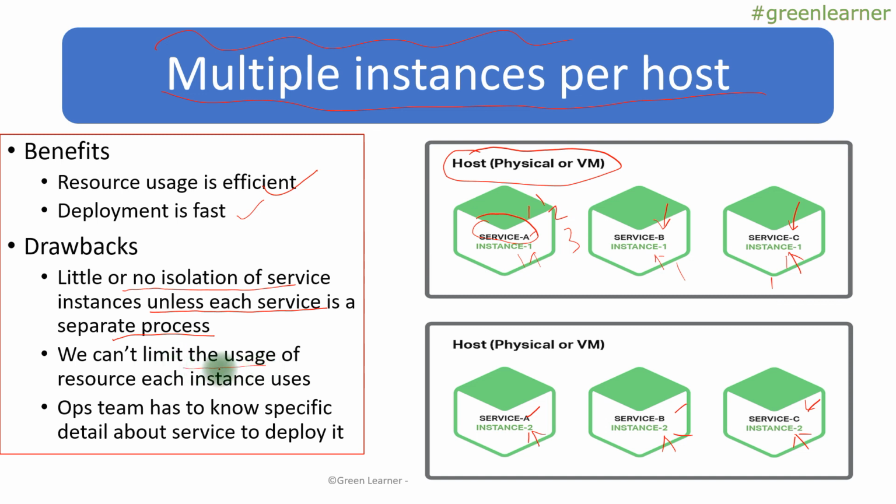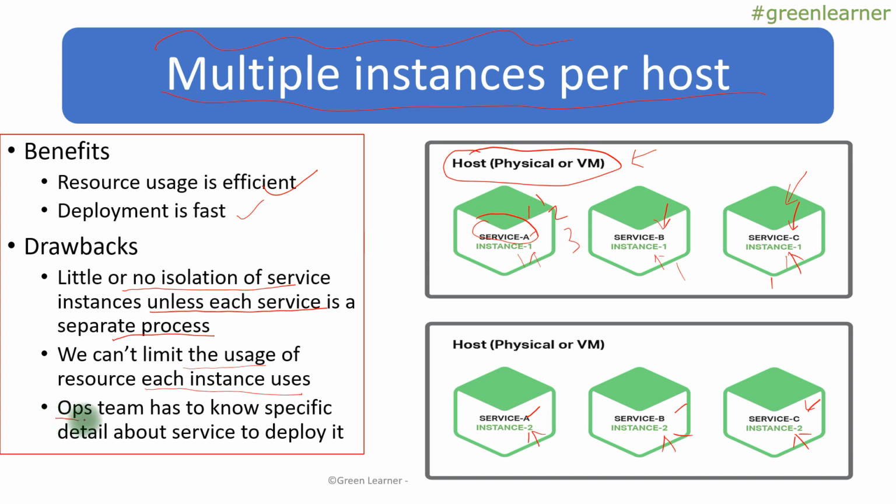We cannot limit each instance's resource usage. For example, at a particular moment, service C gets more load, so it is going to consume most of the resources that this host has, and there will be less available for other instances. So resource fighting is going to be a lot in this deployment strategy.